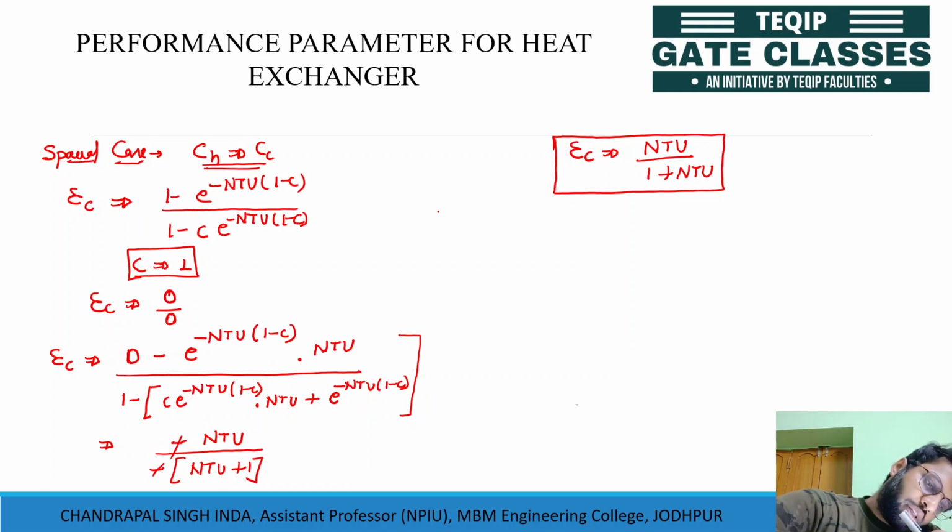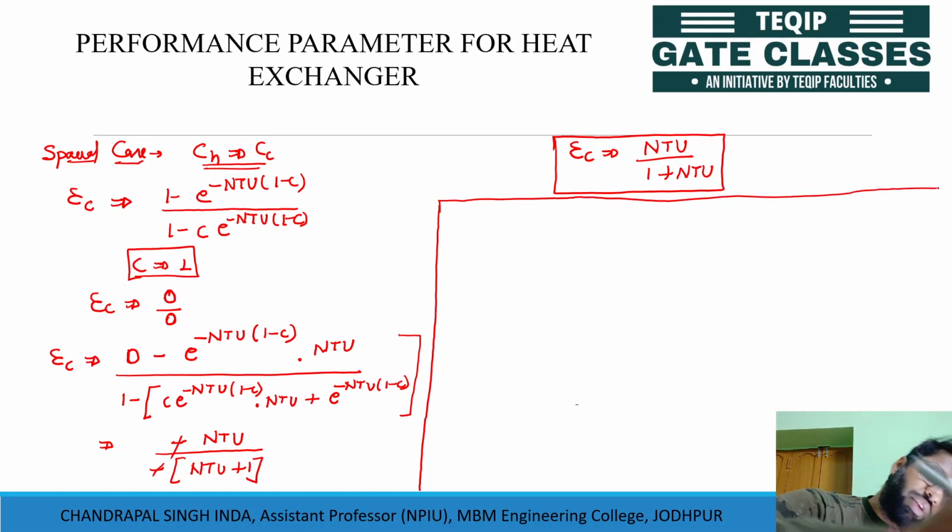So let's find the effectiveness for the phase change type of heat exchanger. For the phase change type of heat exchanger, we have seen that the temperature of one of the fluids is not going to change. So in that case the value of C max, for the fluid which is not undergoing any temperature change, has specific heat equal to infinite, due to which the value of C becomes 0.